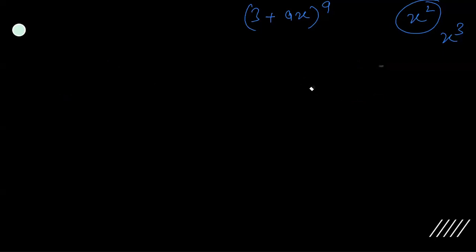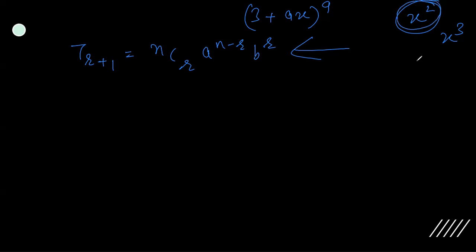Now see, whenever we are talking about coefficients, we use the general term formula, T(r+1) = nCr a^(n-r) b^r. First, the coefficient of x square. Here a is 3 and b is ax.